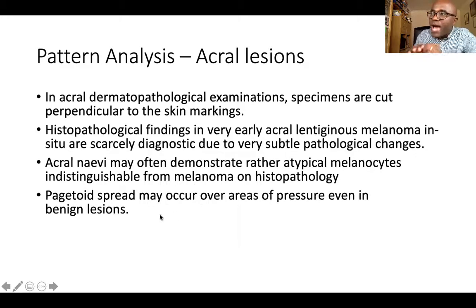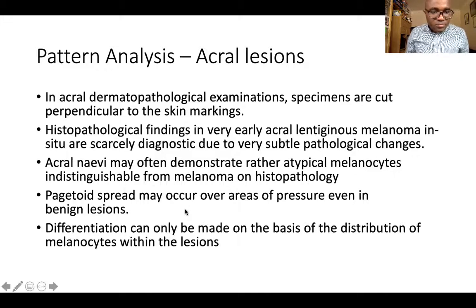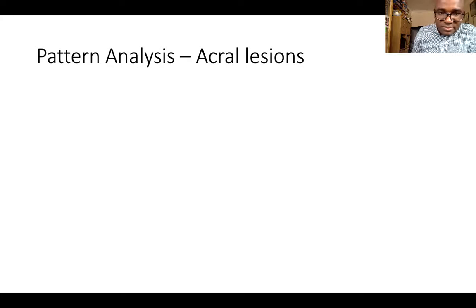Hence, because of pagetoid spread, which is spreading sideways, it may occur due to areas of pressure, even in benign lesions. Okay, so differentiating can only be made on the basis of the distribution of the melanocytes within the lesion when the histopathologist is examining the lesion.